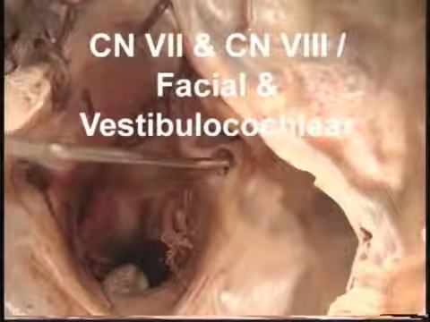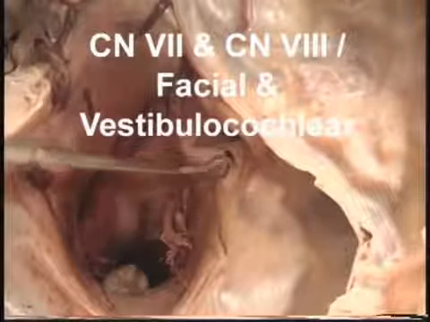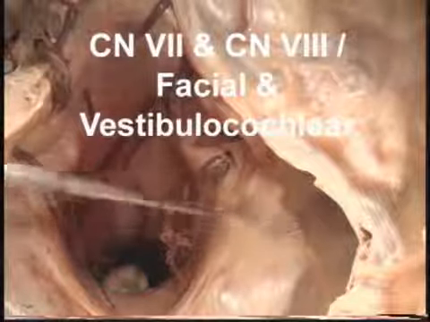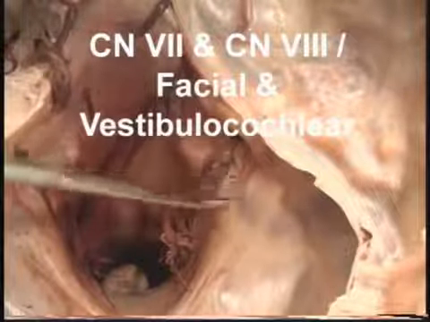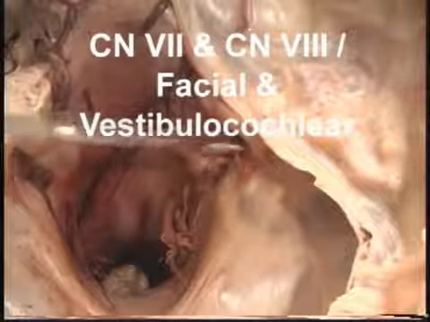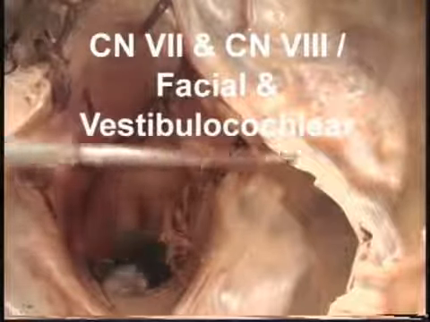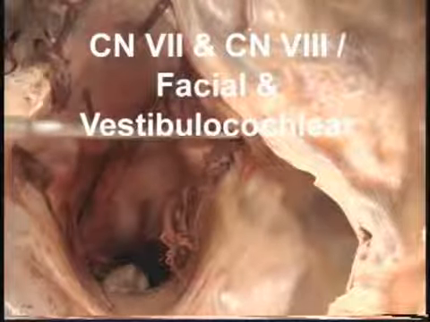Below that you can see the jugular foramen, through which the 9th, 10th, and 11th cranial nerves and the internal jugular vein will go through. So that's the demarcation you use to identify the 7th and 8th by its position in the petrous part of temporal bone in the posterior cranial fossa.